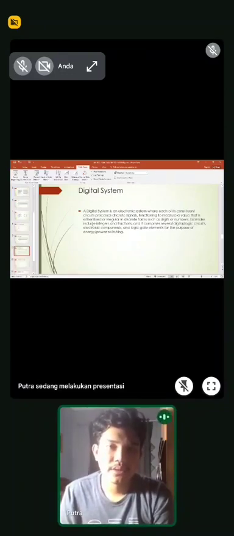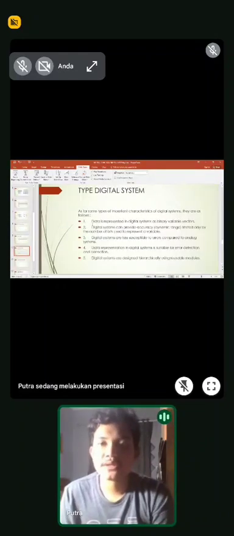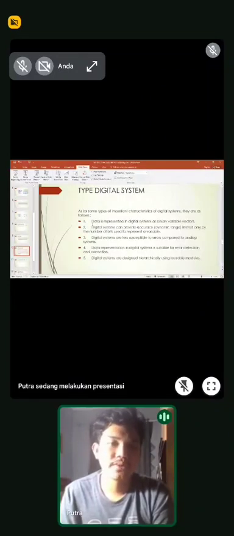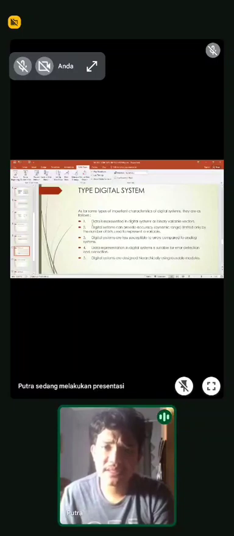Some types of important characteristics of digital systems are as follows. Number one, data is represented in a digital system as binary variable vectors.